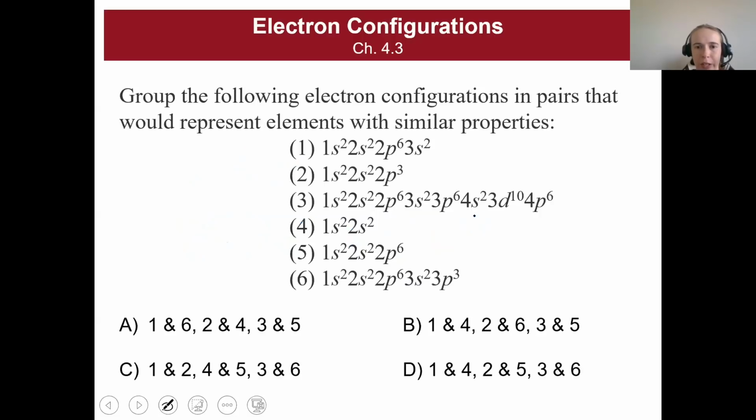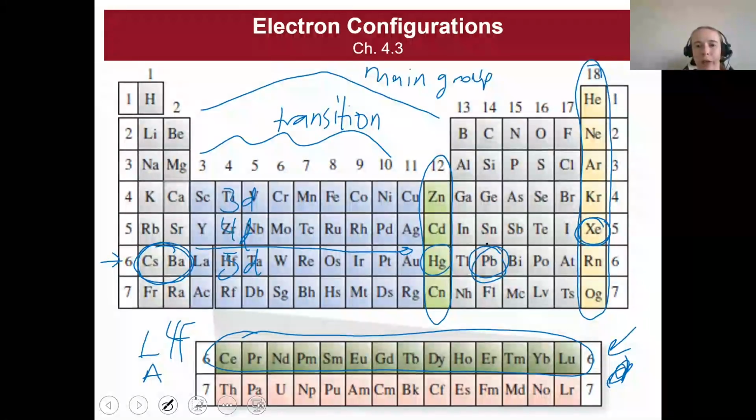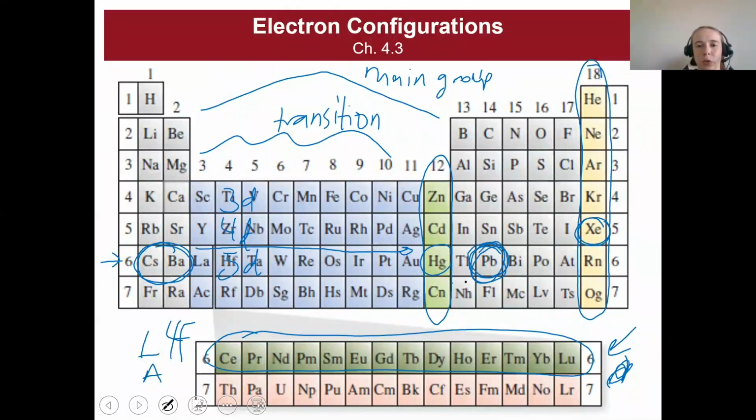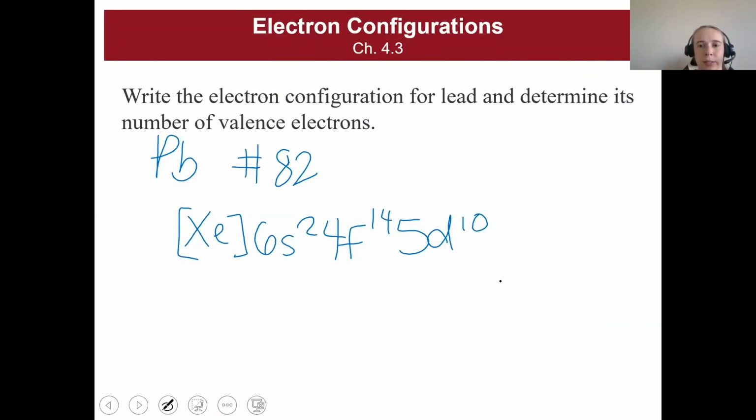And then finally lead has 2 electrons after the d subshell. So it has 2 6p electrons. So our electron configuration is xenon, 6s2, 4f14, 5d10, 6p2.